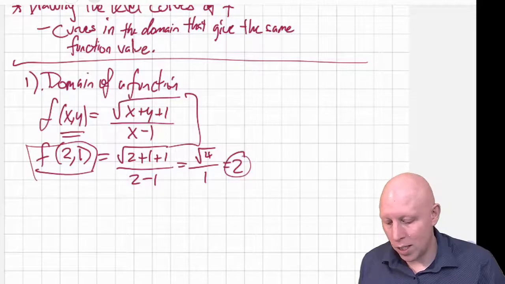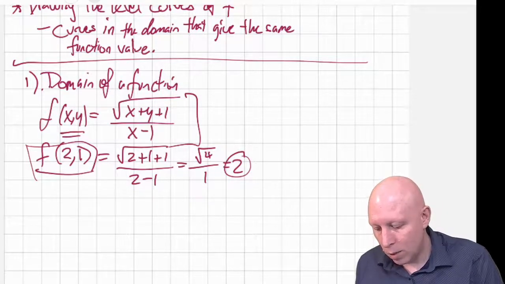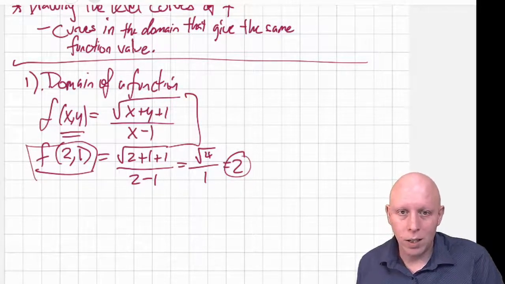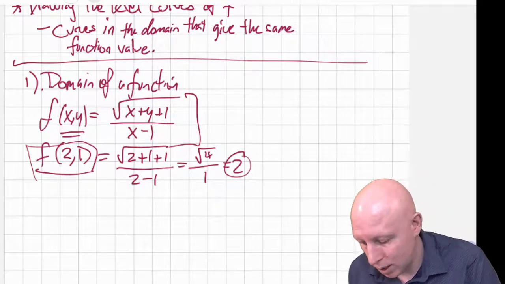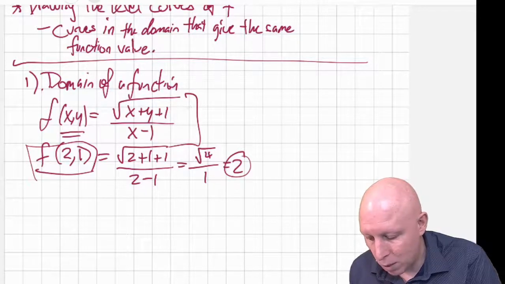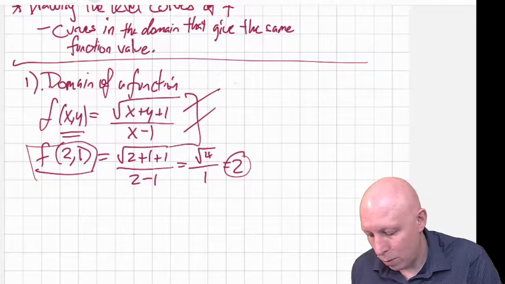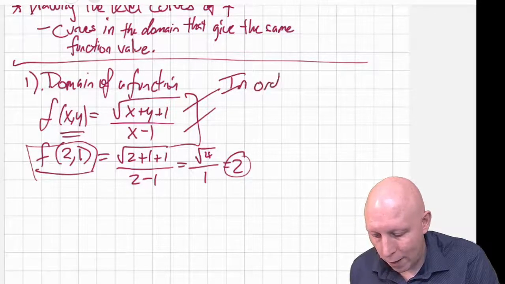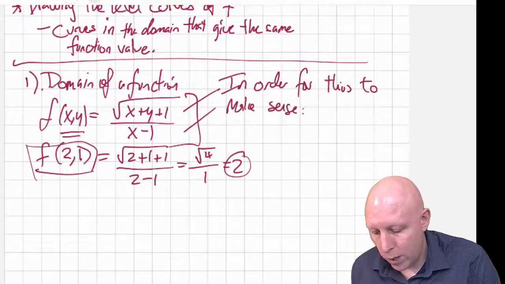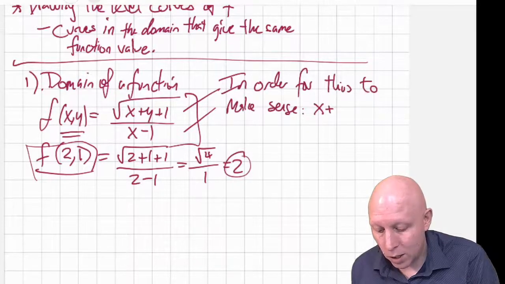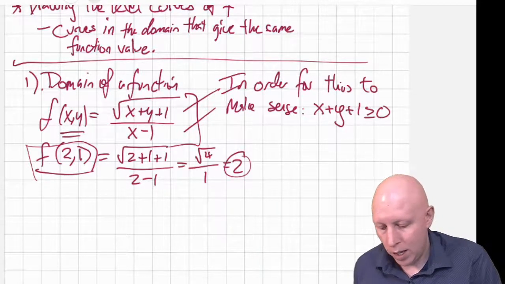We plug in multiple numbers, and out comes a number as the answer. So when we want to know about the domain, we have to say, what is going to make sense to plug into this function? In order for this to make sense, we need that the thing that's inside the square root, x plus y plus 1, has to be greater than or equal to 0.